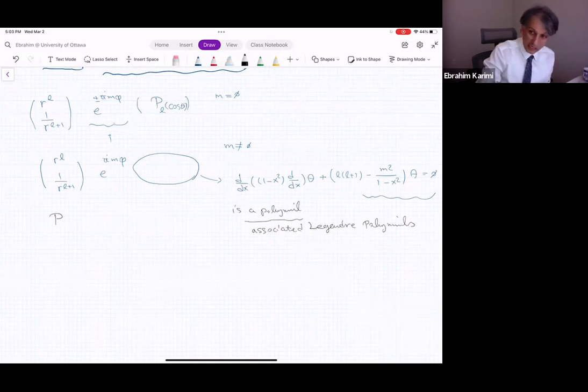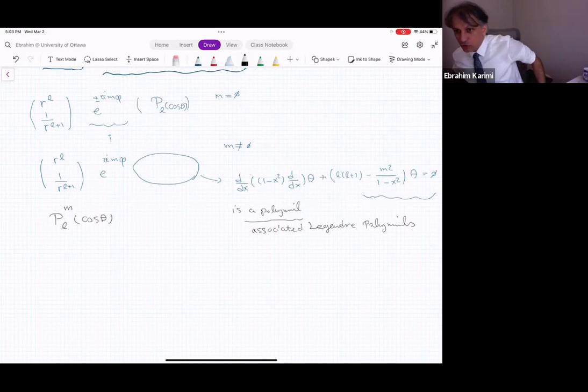And it will be labeled by two indices. In the same fashion that we had, it was labeled by P_L of cosine theta. But now you have another index, which is m. First of all, remember that if you do the expansions, at x equal to 1 and x equal to -1, the series should still be converging.